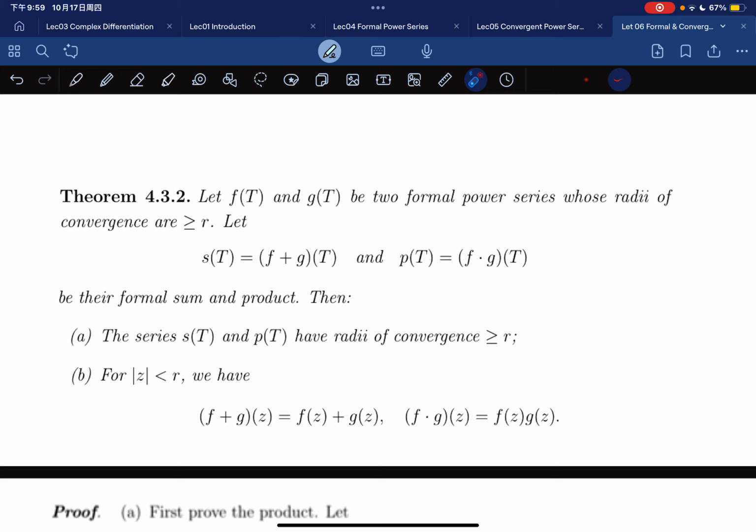And for numbers z inside this radius, we have that the formal sum substituted with z is equal to f(z) plus g(z), and their formal product substituted with z is equal to f(z) times g(z).